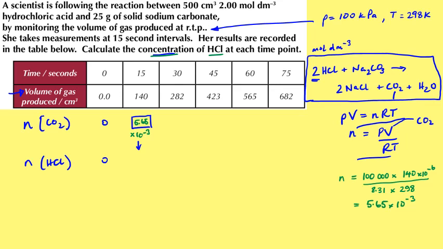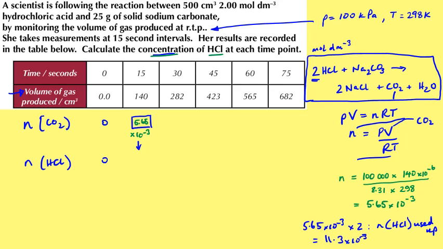So 5.65 times 10 to the minus 3 times 2 is the moles of hydrochloric acid used up, and that equals 11.3 times 10 to the minus 3 moles.